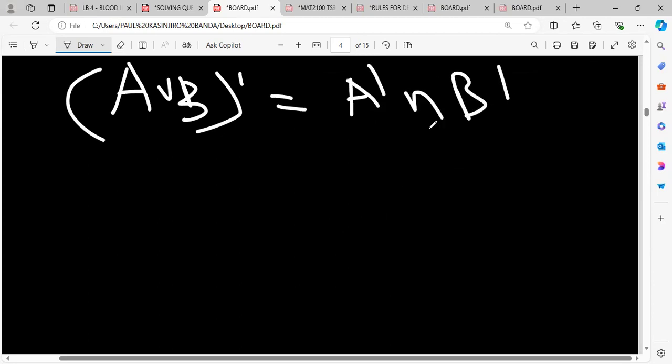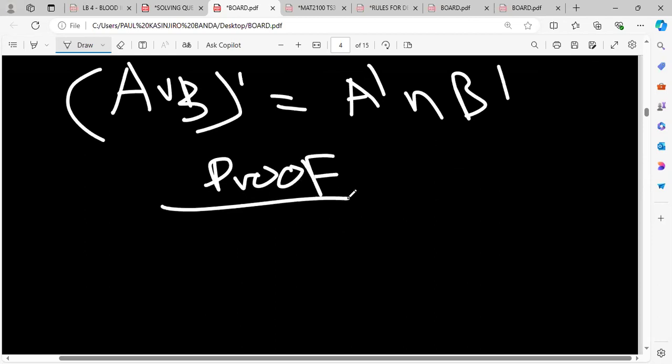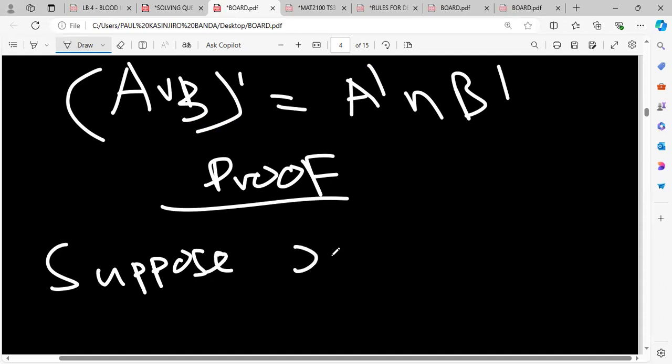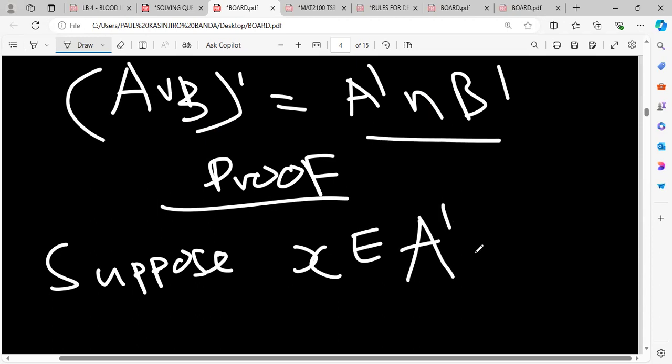Okay, so now we want to prove that if I have an X here, that X can end up in this set. Okay, so I'm going to say proof. Suppose I have an element X, which is a member of this set that I have on the right there: A complement intersection B complement.